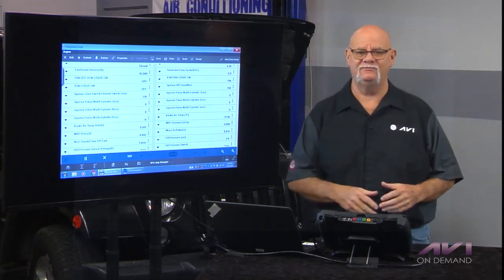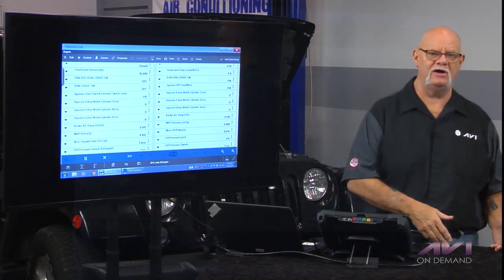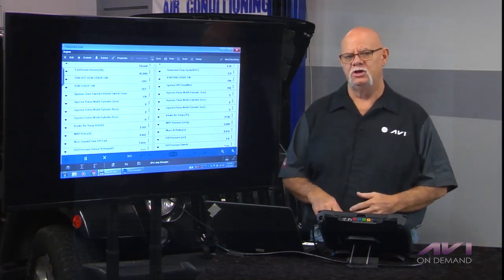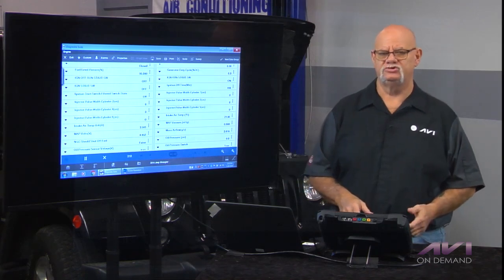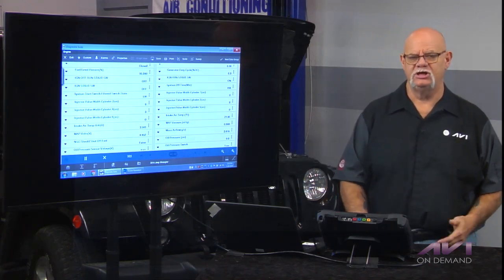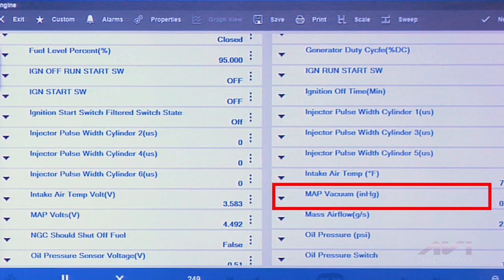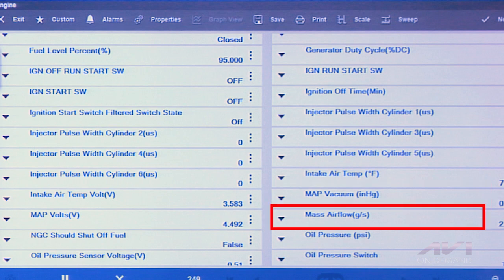Now, when it deactivates the cylinders, we're drive-by-wire electronic throttle, it's going to open the throttle. When it opens the throttle to improve pumping losses and dynamic engine efficiency, you should also see a change in your map sensor voltage and your map sensor value, which here it's provided in inches of mercury. Below that is your calculated mass airflow rate.